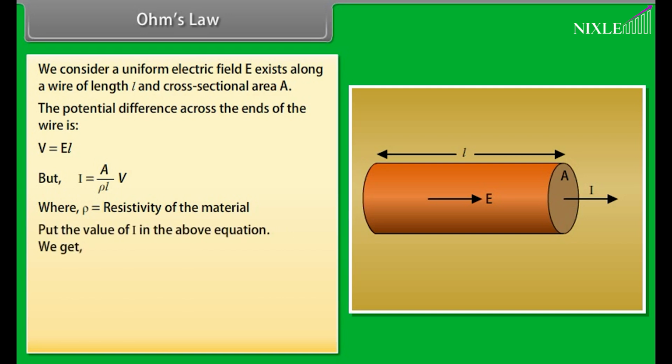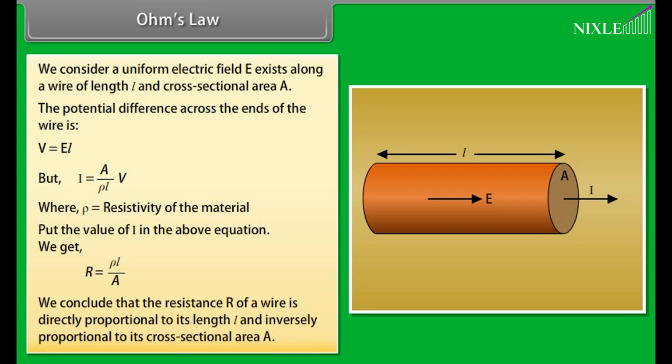Put the value of I in the above equation. We get the value of resistance, which is equal to ρL upon A. We conclude that the resistance R of a wire is directly proportional to its length L and inversely proportional to its cross-sectional area A.